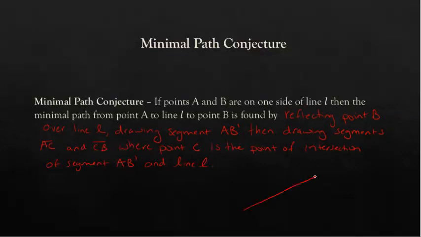So again, if this was my line L, and I have A and B, my minimal path, when it bounces off of L, we can find that by, again, folding along L and finding what B prime is.